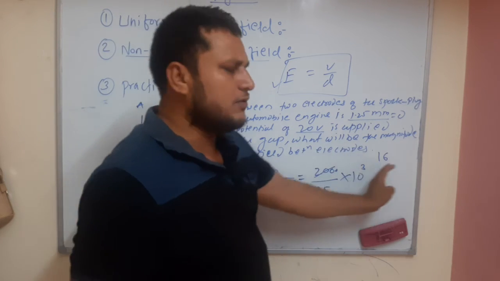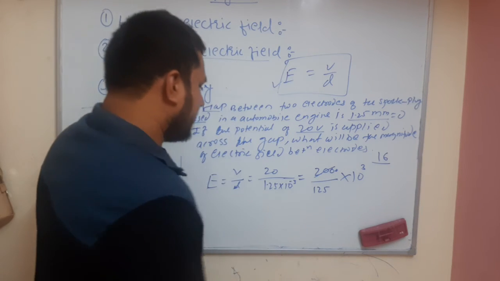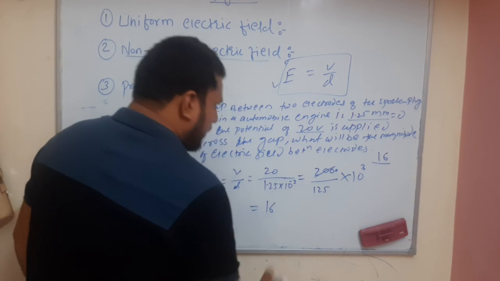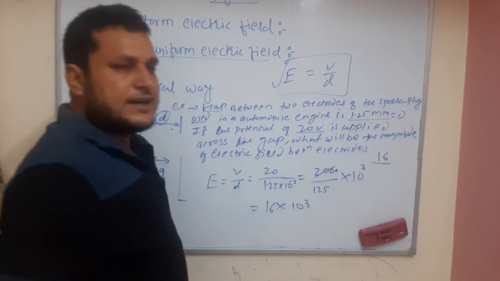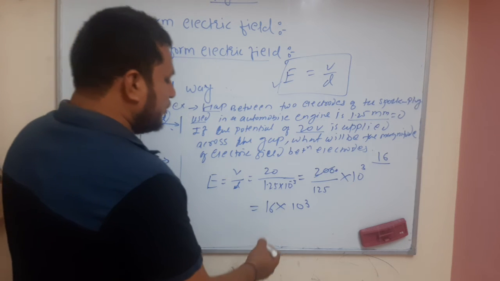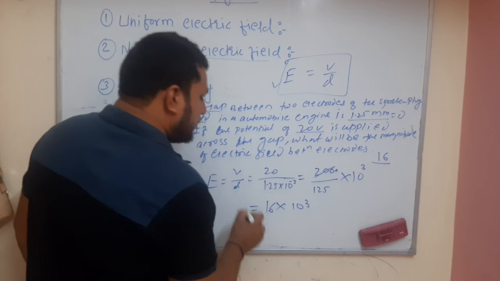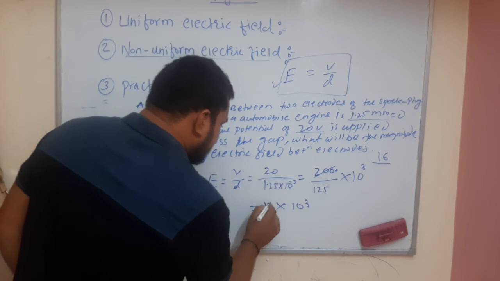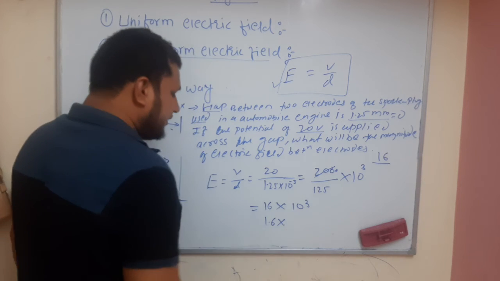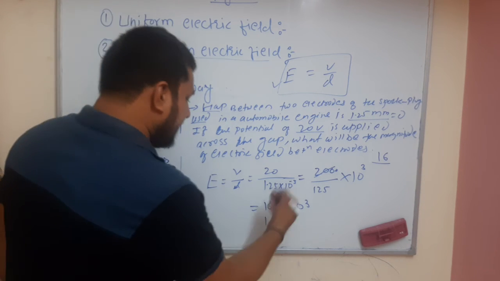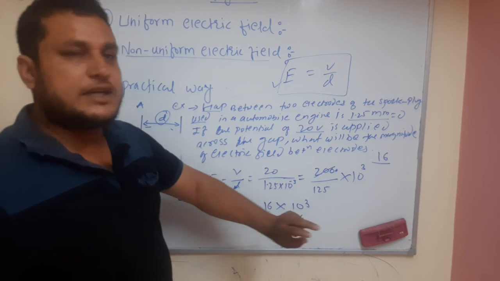This thing is continuously going on, so we need just this value. Here our value is 16 into 10 raised to 3. If I want to write this 16 as 1.6, then the power will be increased by 1, that is 1.6 into 10 raised to 4.